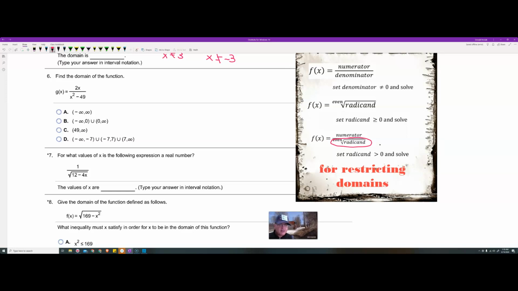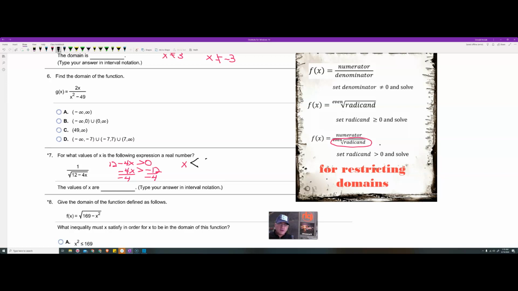So I'm going to take that radicand, that's the expression, and I am going to set it greater than 0 and solve it. So I'm going to subtract 12 from both sides. I'm going to divide by negative 4. Now you got to remember, when you divide by a negative, you have to take the inequality and flip it.